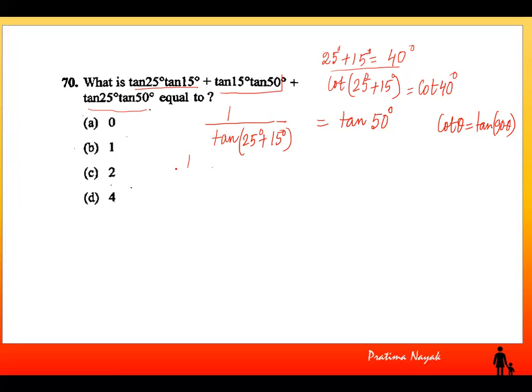So now put the formula for tan A plus B. So this will be tan 25 plus tan 15 degrees upon 1 minus tan 25 degrees tan 15 degrees is equal to tan 50 degrees.